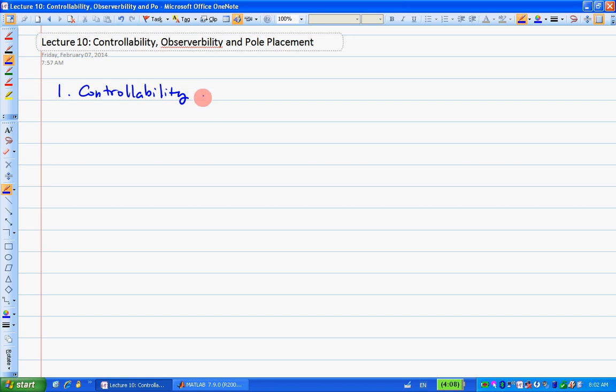So what we're considering is a discrete system, and let's write down the discrete system here. We're mainly considering SISO systems, so I'm going to skip the vector signs on the U vector here.